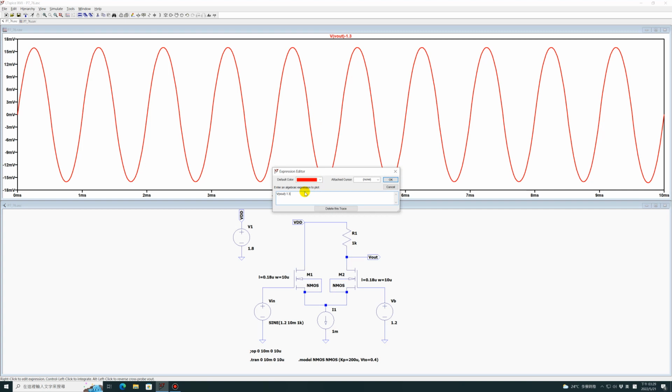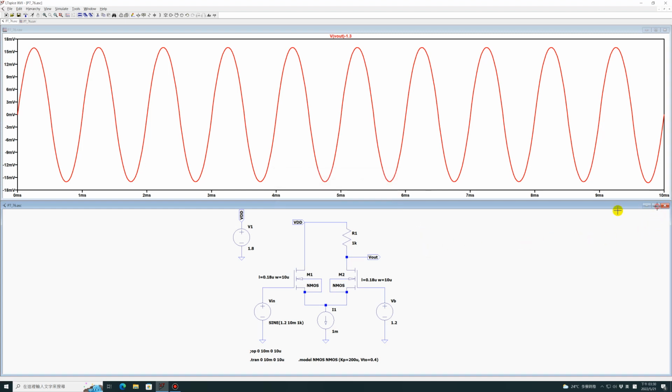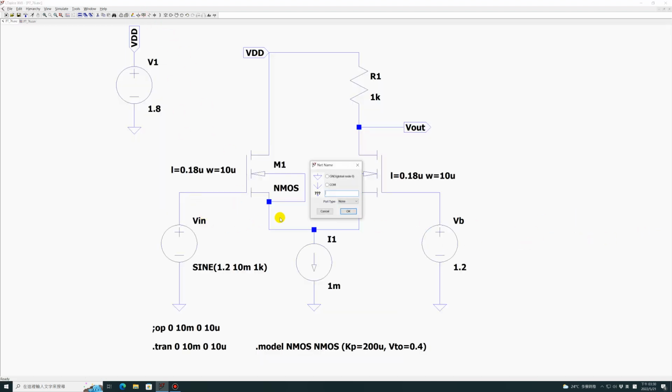So I can use the mathematics operation of this divided by Vin, V of Vin minus 1.2. I should put a label here.